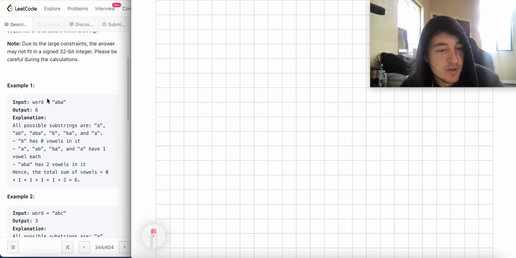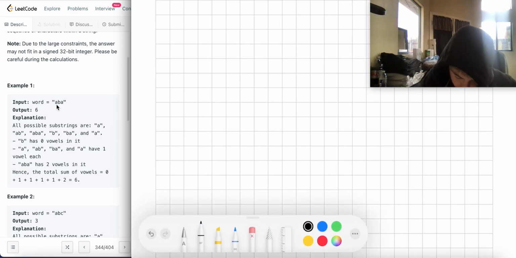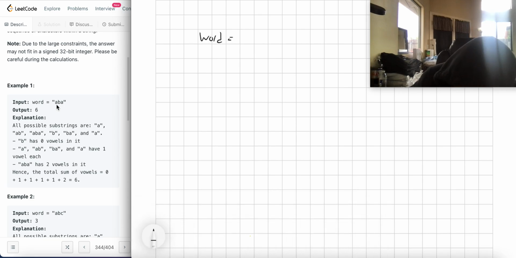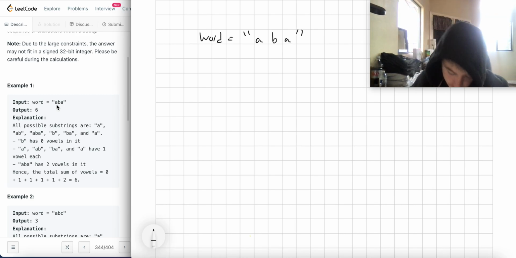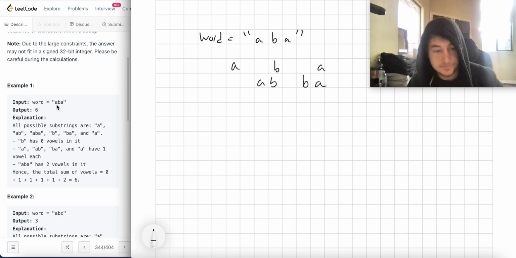Okay, so if we had the word ABA, what are all the substrings of ABA? Well, you could have the substrings of length 1: A, B, and A. You could have the substrings of length 2: AB and BA.